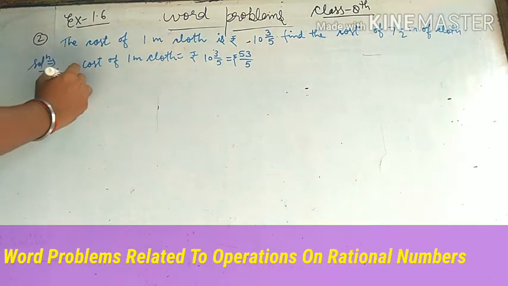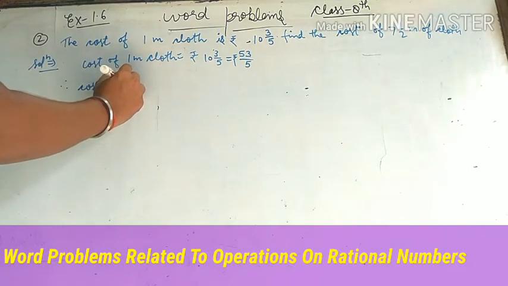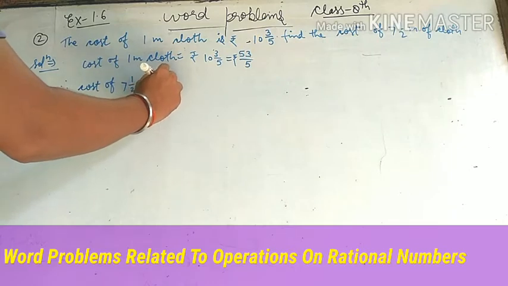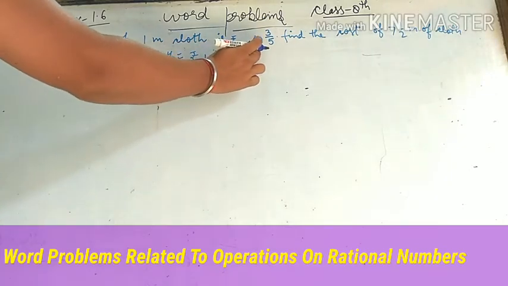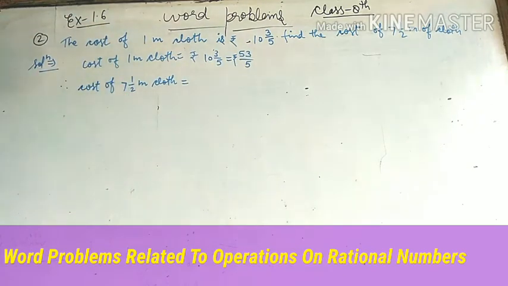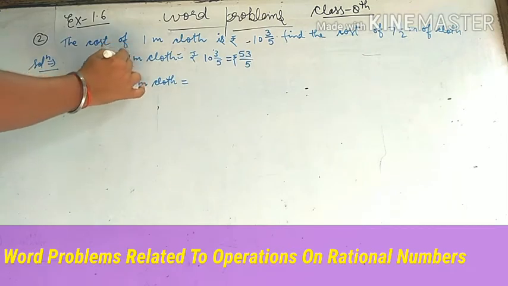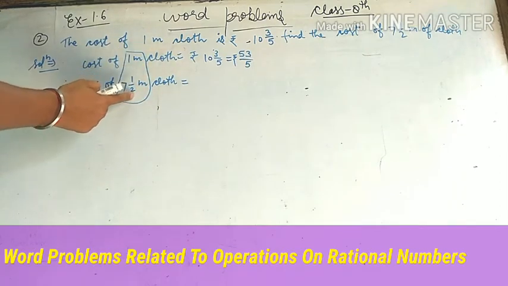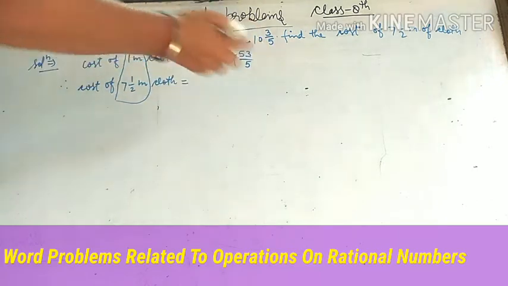Hence, cost of 7 complete 1 upon 2 meter cloth equals, we will multiply 53 upon 5 and 7 complete 1 upon 2, because you can see the change here. From 1 to 7 complete 1 upon 2 means it is increasing, and when the thing is increased, the price will be multiplied.